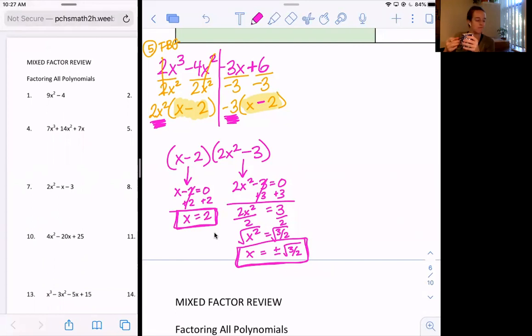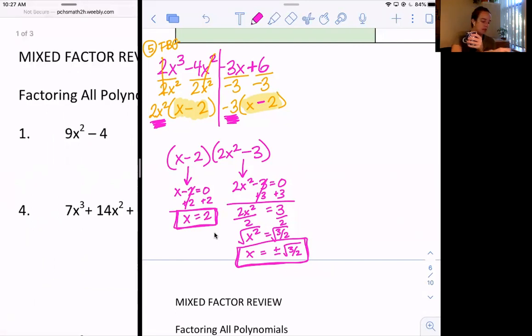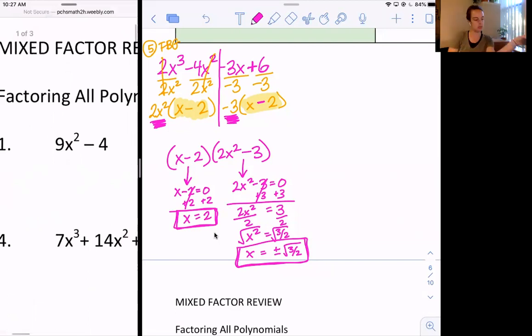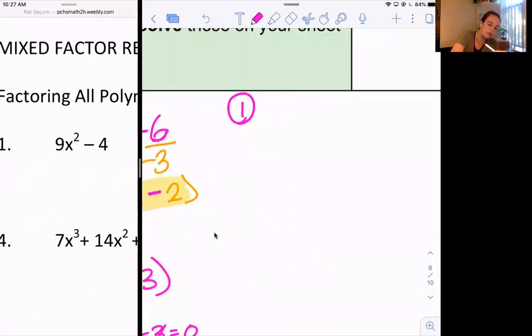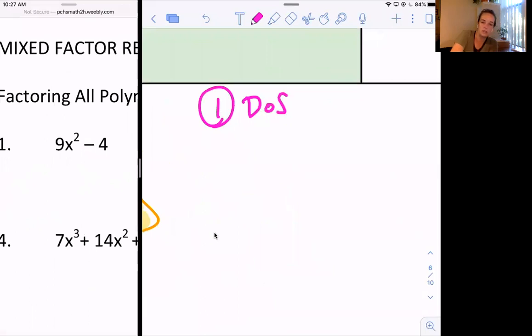Difference of squares, yeah. Let's do this one, number 1, since that is difference of squares. I see 2 terms and they're both squares. So number 1, this is difference of squares, and we have 9x squared minus 4.